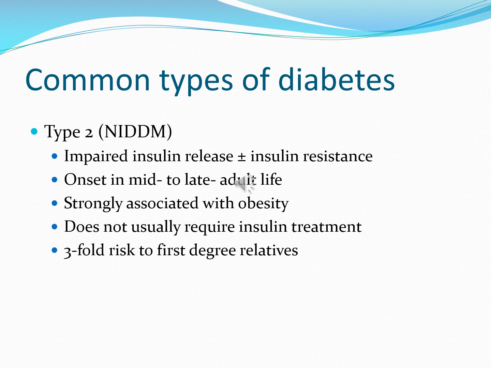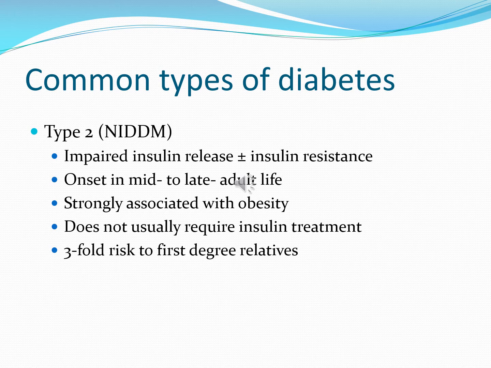So earlier we spoke about how insulin will bind to insulin receptors on muscle and fat, and through binding to that receptor you get upregulation of the GLUT4 transporter, which allows glucose to enter the cell. And insulin resistance is basically an impairment in this process. So either the insulin doesn't bind as well, or binding to the receptor doesn't lead to the upregulation of GLUT4 transporters into the membrane.